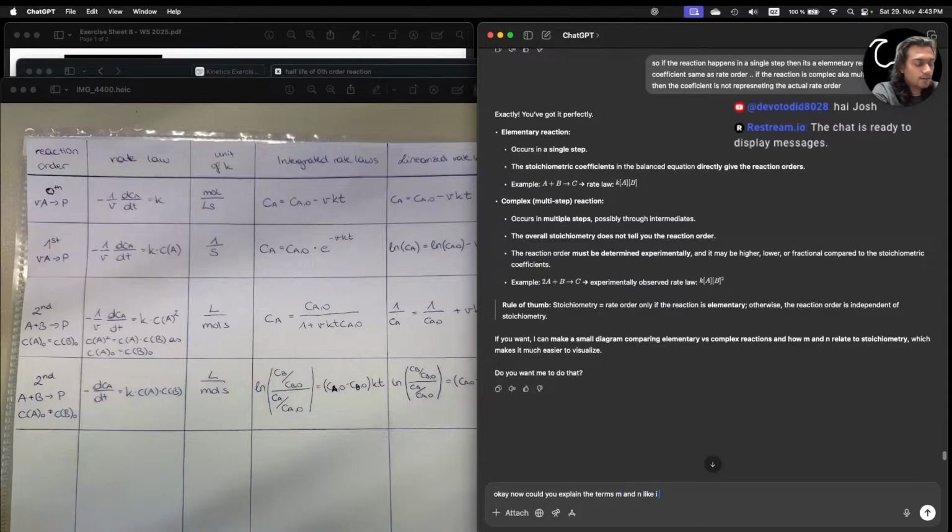I understood that for a complex reaction the rate order is different. Can you show me an example?